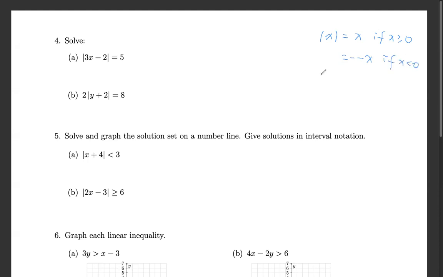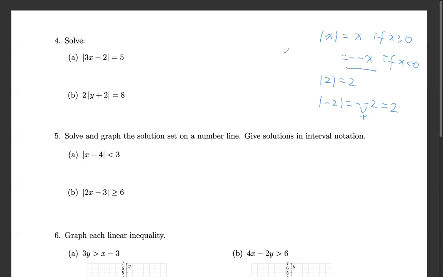Give an example: if x is 2, the answer is just 2, because 2 is a positive number. But if we have negative 2, the absolute value will become positive 2. How? We put a negative sign in front of a negative 2, because negative, negative becomes positive. Right? So that's this one.